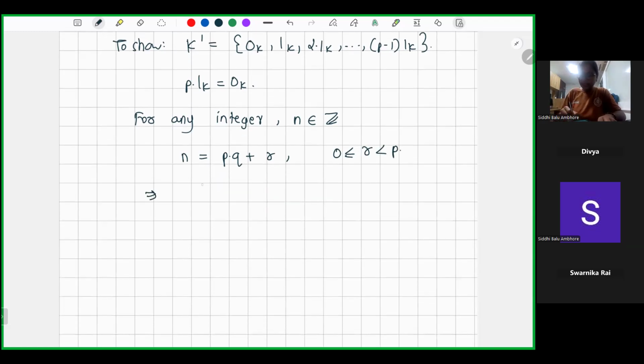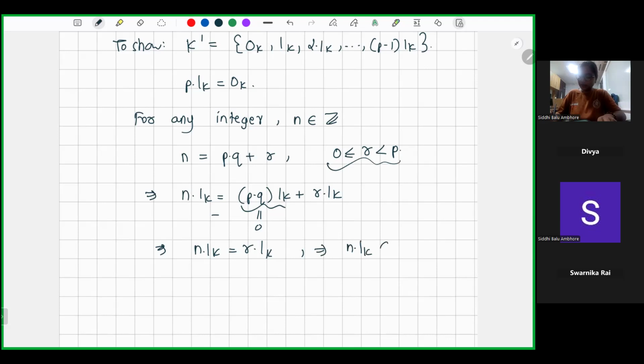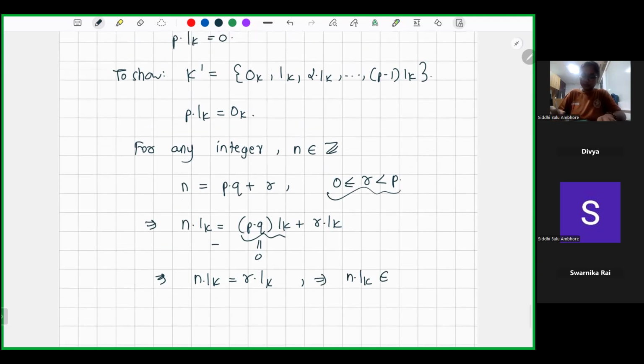And the moment I have this, n·1_K will be p·q·1_K plus r·1_K, so this now becomes 0. Therefore n·1_K becomes r·1_K, and r is between 0 and p. So this will imply that n·1_K belongs to this set.